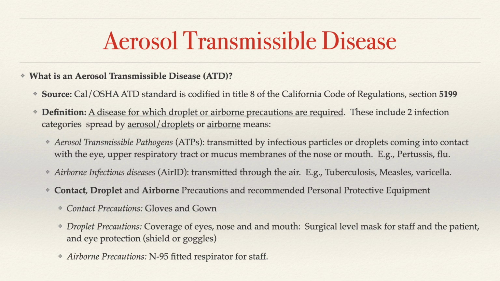Droplet precautions involve coverage of the eyes, nose, and mouth. A surgical level mask is recommended for our staff and for patients, and eye protection can include things like shields or goggles. And lastly, airborne precautions require an N95 fitted respirator for our staff.